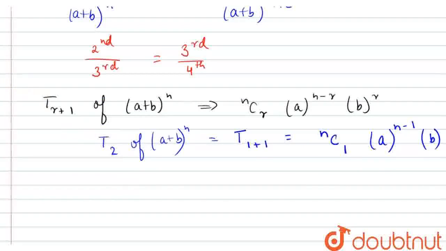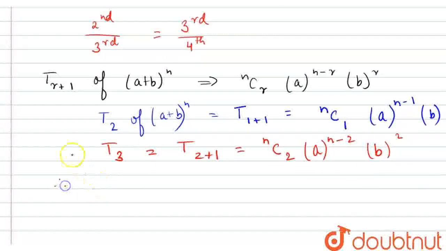We know this, and if we have to calculate T3, then we can write it as T(2+1), which is equal to nC2 into a^(n-2) and b^2, since n minus r with r equal to 2. So here we have to write both values, and we didn't simplify them.